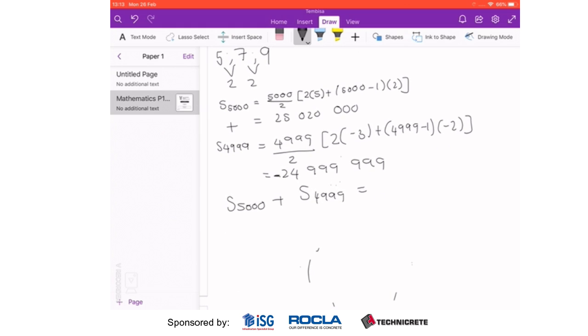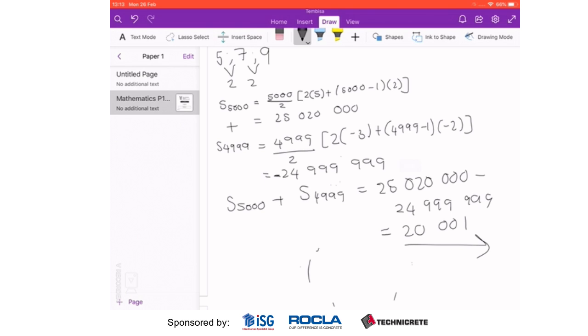Let's go back. If you put this into your calculator, you get an answer of negative 24,999,999. And if we're adding them now, it's 25,020,000, but because of that negative, minus 24,999,999, and we get an answer of 20,001.